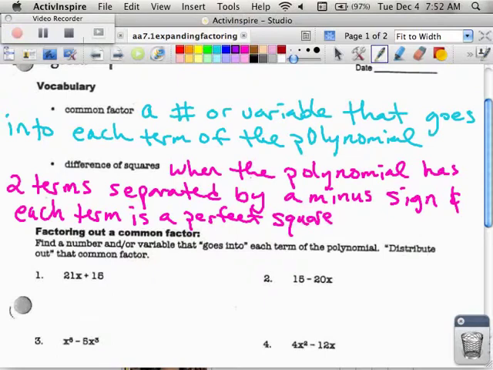And the example that I could show you would be something like x squared minus 49. Both the x squared and the 49 are perfect squares, and there's a minus sign in between them, and there's only two things.